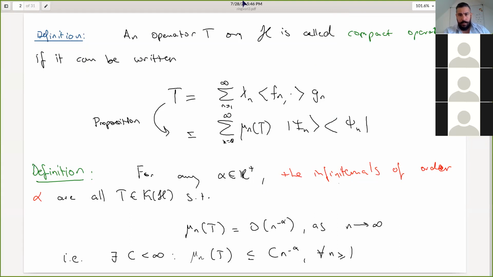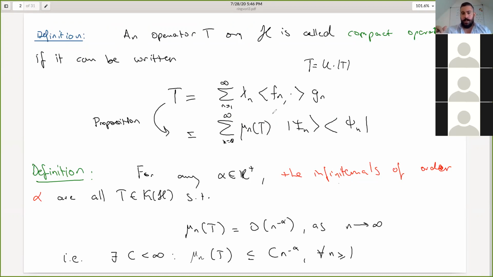So what is important to state here? Not all compact operators are self-adjoint, but as I told you last time, you can do the polar decomposition by splitting it as a product of a unitary operator u times the absolute value of T. If it is a positive self-adjoint operator, then this u is simply 1, and the mu's are simply the eigenvalues of this operator.